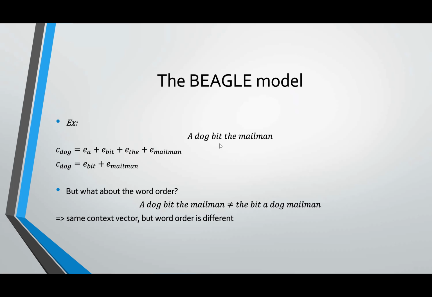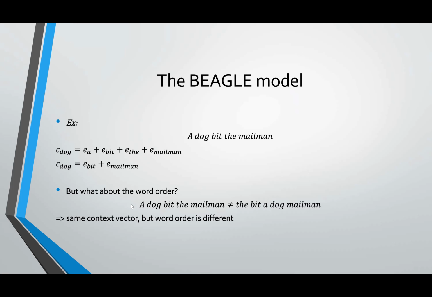For example, here we have this sentence, and without using the stop list, we have the context vector for dog. It's like summing all those vectors for those words, but with getting rid of the common words, we get this one instead.